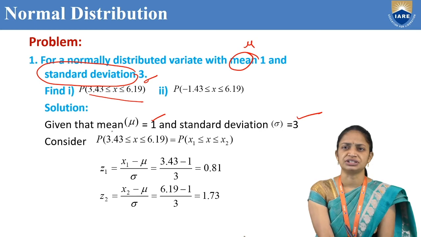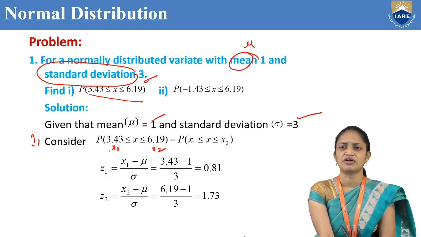According to our first question, P of 3.43 less than or equal to x less than or equal to 6.19 can be written as P of x1 less than or equal to x less than or equal to x2, where x1 equals 3.43 and x2 equals 6.19.